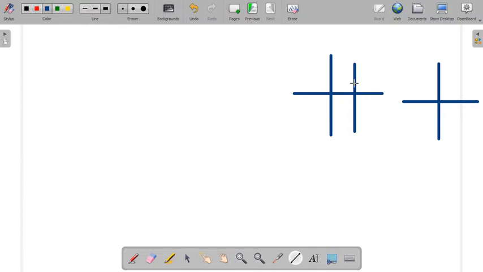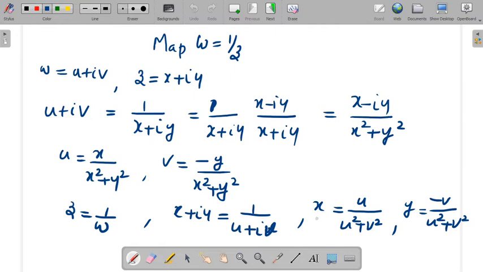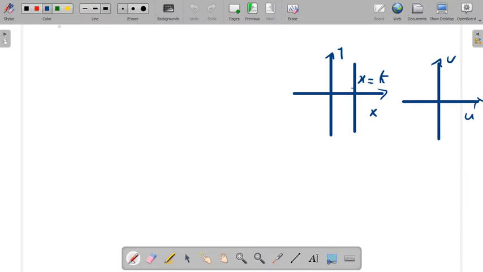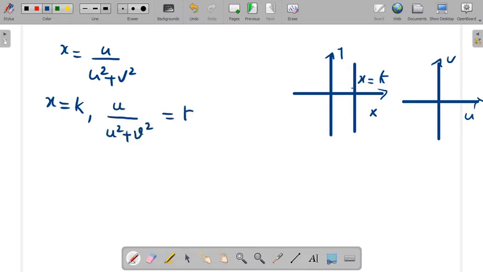At first let us take X is equal to K. This is the XY plane, this is the UV plane, and we consider X is equal to K. We know our expression for X in this map is X is equal to U by U square plus V square. So X is equal to K will be mapped to U by U square plus V square equal to K.